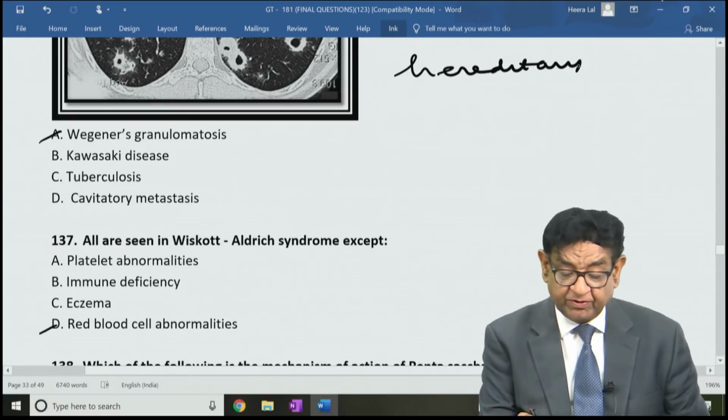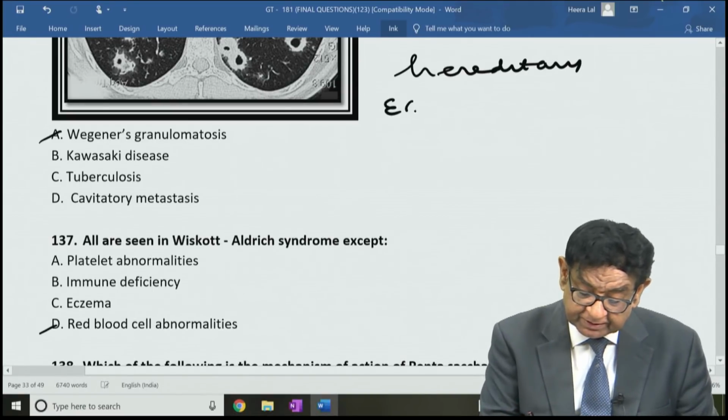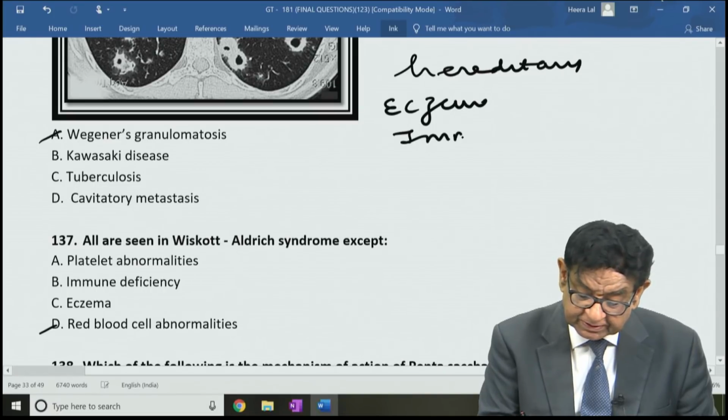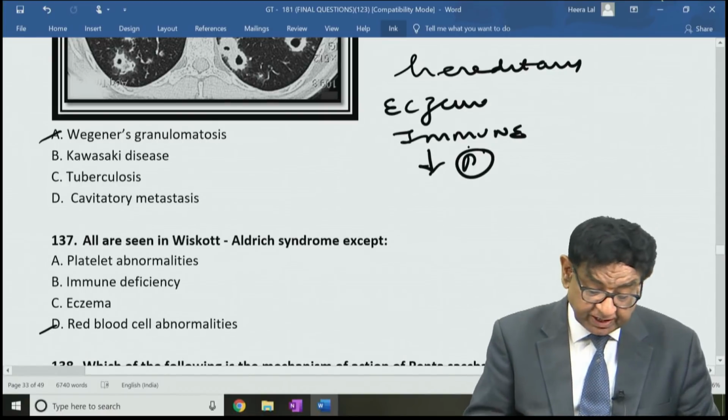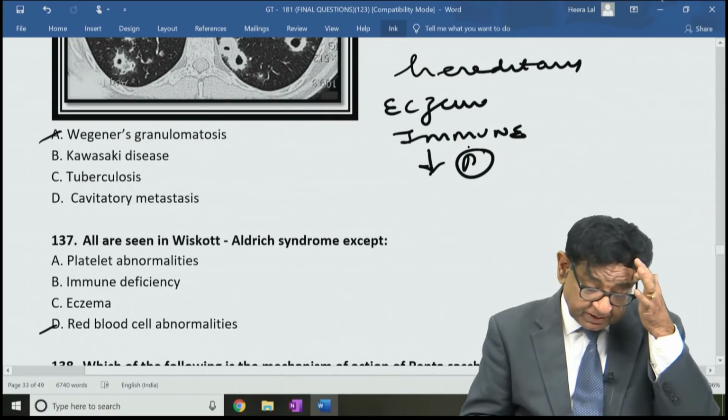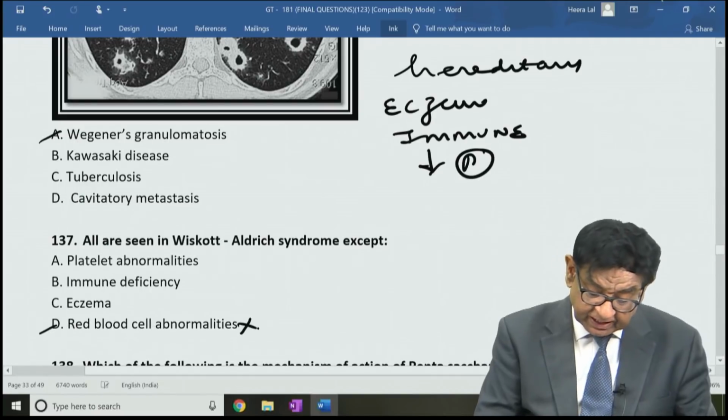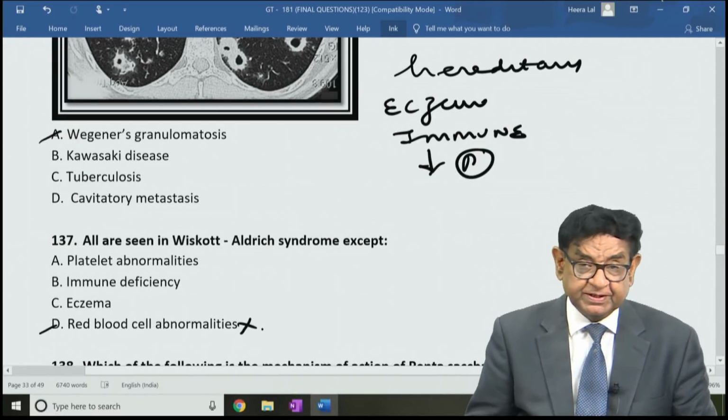It's a triad of eczema, immune disturbance, and thrombocytopenia. P for platelet, the platelet count is reduced, the classical triad. Okay, so in this case, RBC abnormality is not a feature.